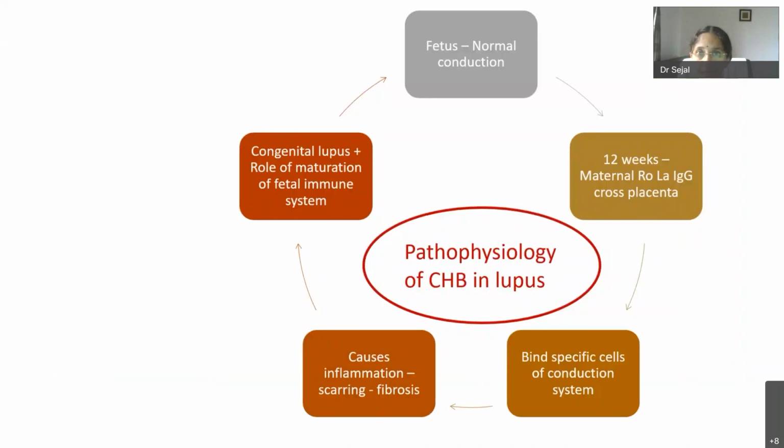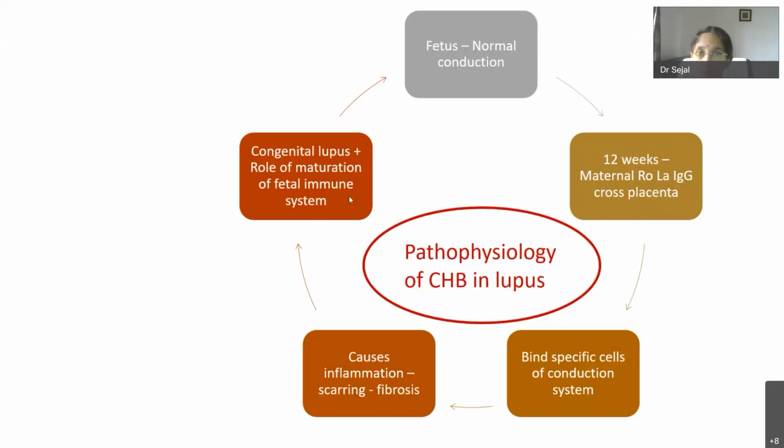Now, exactly what happens is this: initially the fetus has a normal conduction, and at 12 weeks you have Ro/La antibodies which cross the placenta and bind with specific cells in the baby's heart. They cause inflammation, scarring, and fibrosis, and that's where you have the development of congenital lupus.